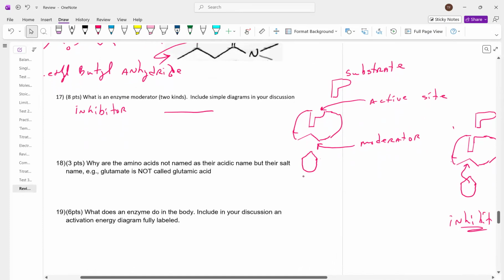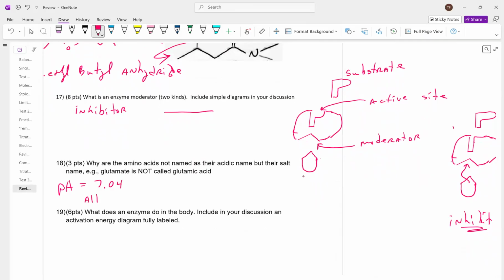Okay, so amino acids are not named as acids because physiological pH is slightly alkaline. Means that there's no proton, the proton is already gone.